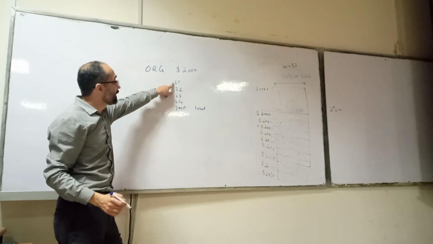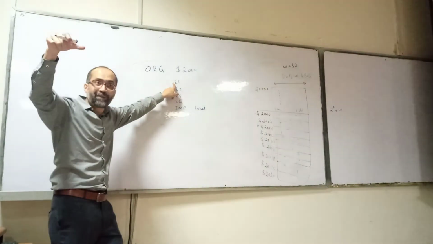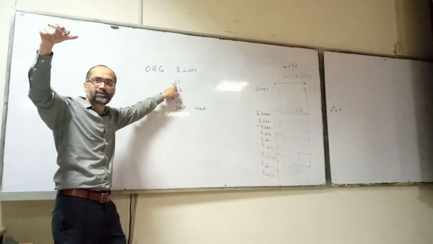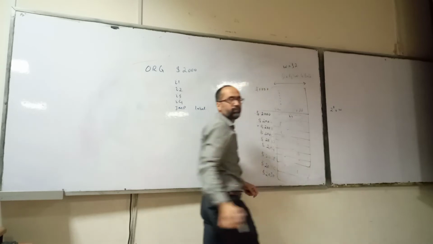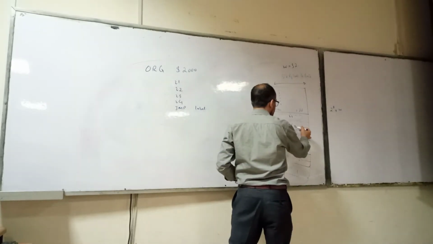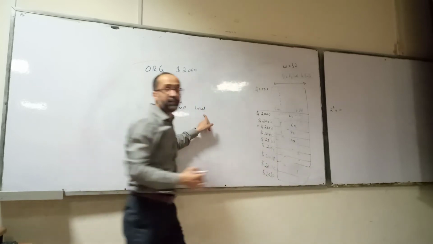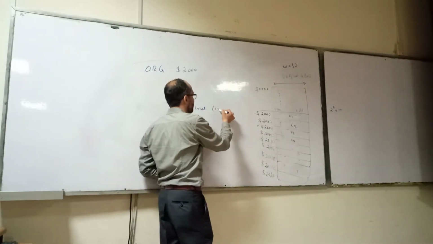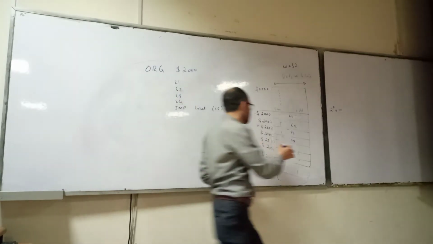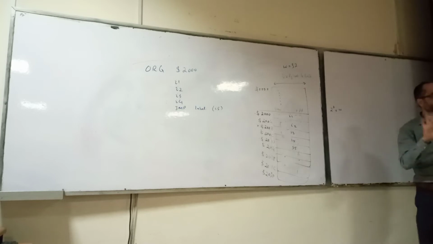Now look here, I1 is stored in memory in a binary format. I1 is stored here, I2 is stored here, I3 is stored here, I4 is stored here. And jump label is also an instruction, so we call it instruction I5. So where is I5 stored? I5 is stored here. Agreed?